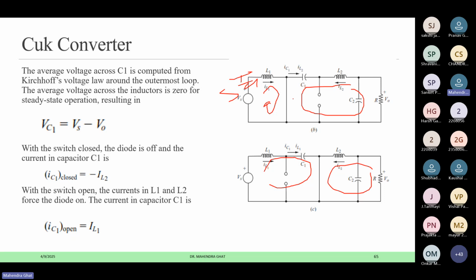Now, the average voltage across C1 is computed from Kirchhoff's voltage law around the outermost loop. If we apply it to the outermost loop, this is the outermost loop, so VC1 is equal to this voltage.